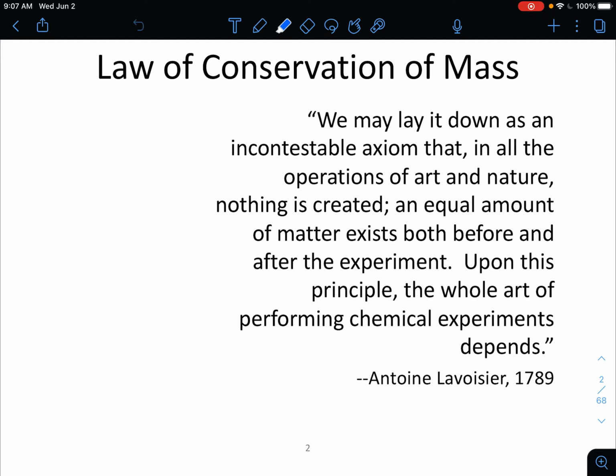Basically, it's just saying that matter is neither created nor destroyed during the course of a process. So if we know how many grams of reactant we have going in, then we can also predict the number of grams of product we're going to expect at the end. And that'll be a really important part of what we do later on in this chapter.